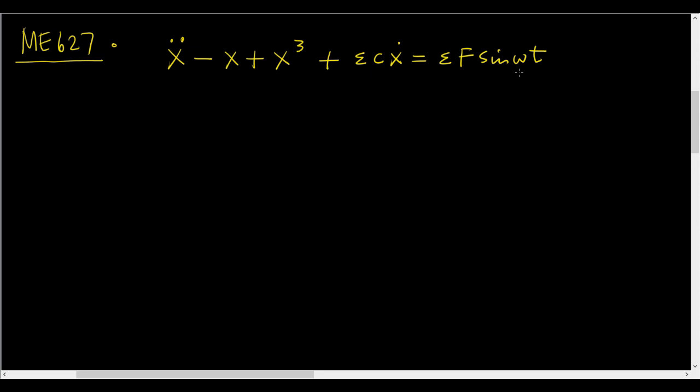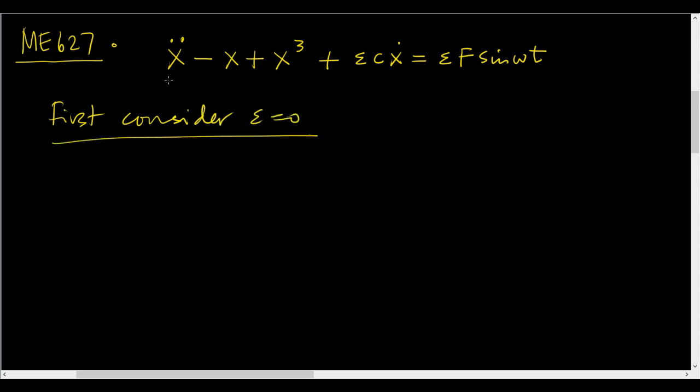Okay, so first consider epsilon equals 0. Then only this part is 0. Very good.